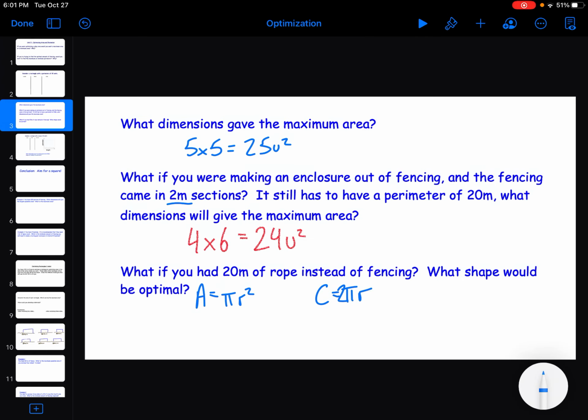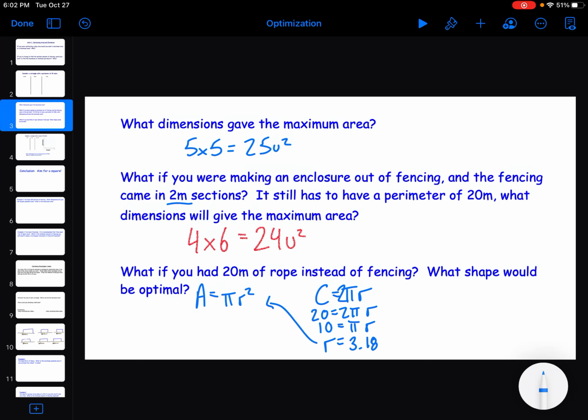We know our circumference is equal to 20 here. So if we divide 20 by 2, we get 10. We can have 10 = pi r, and then if we divide 10 by pi, we get r equal to 3.18, and there's a whole bunch of decimals after that.